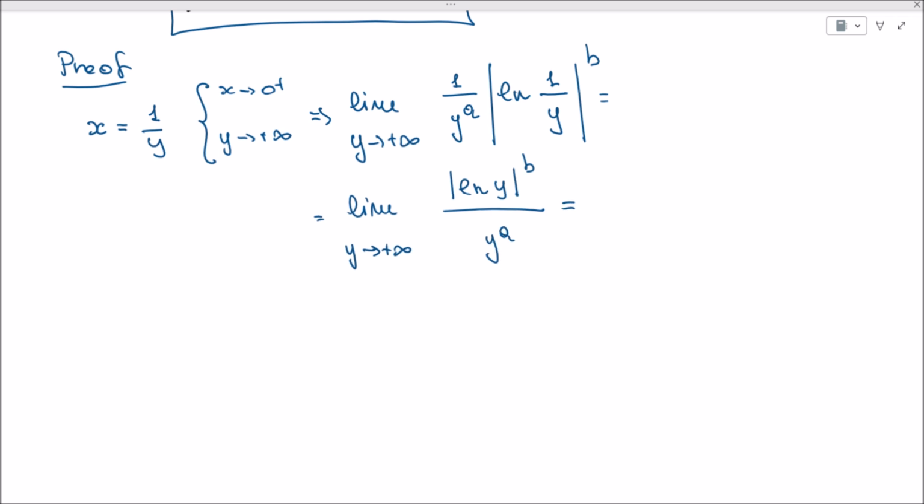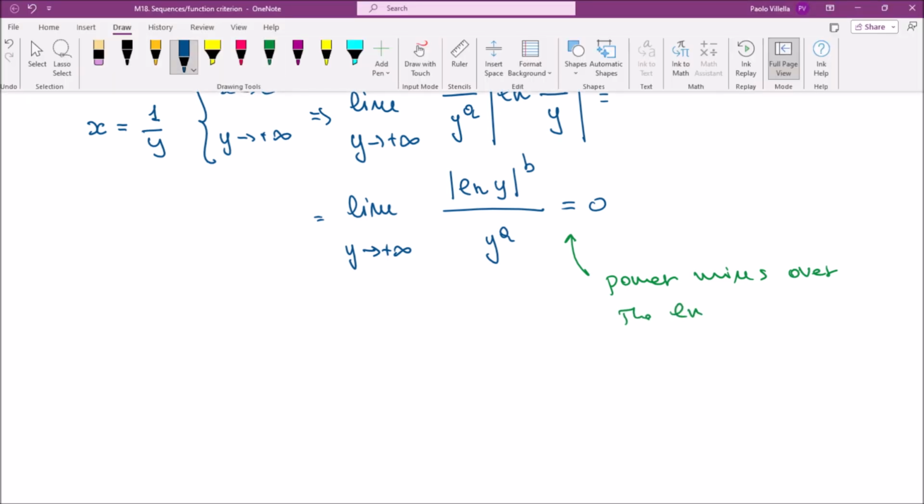And once again, this is 0 because of the same reason, because once again we know that the power wins over the logarithm. And this concludes the proof.